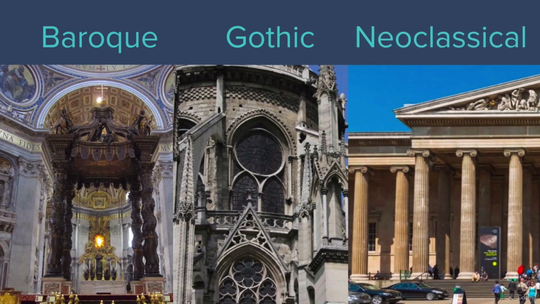And my favorite, the neoclassical, have these incredibly geometric shapes and columns that really remind you of old Greek architecture. So these are architectural styles for designing buildings.